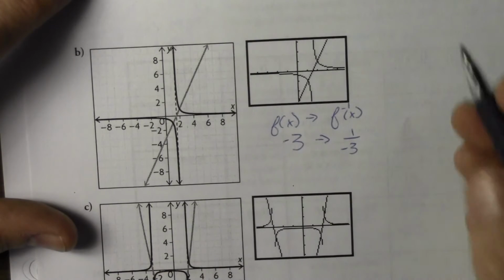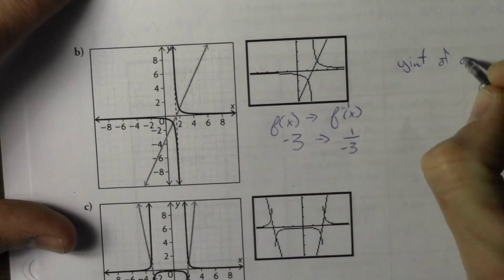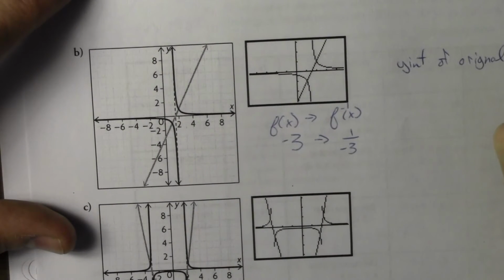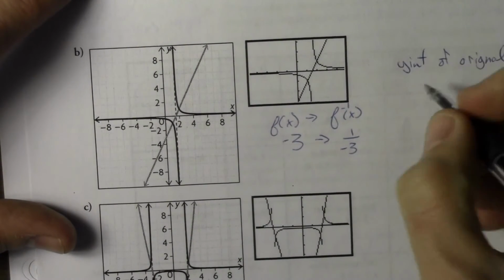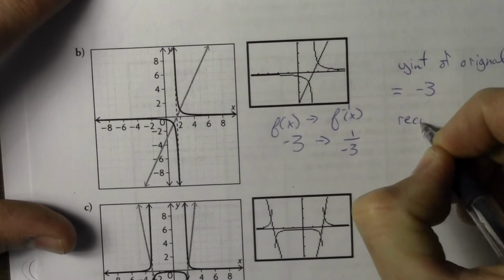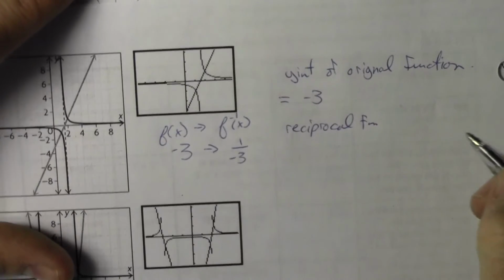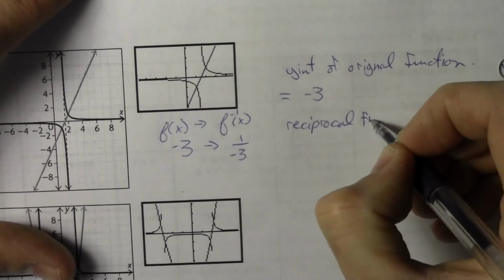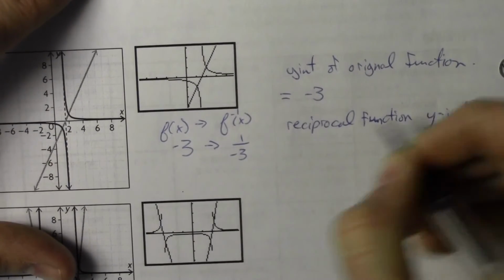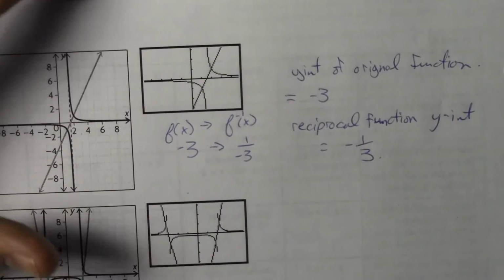Okay? So the y-intercept of the original function is equal to -3. The reciprocal is equal to -1/3.